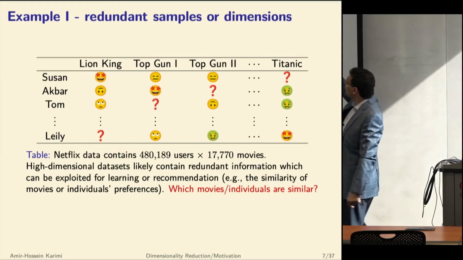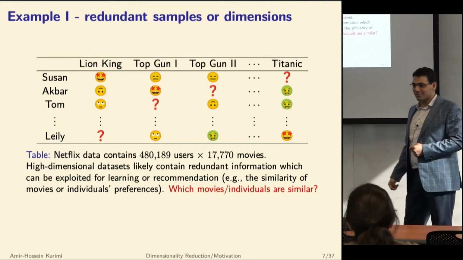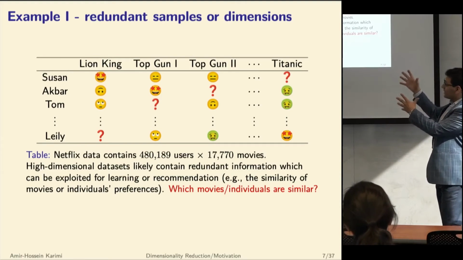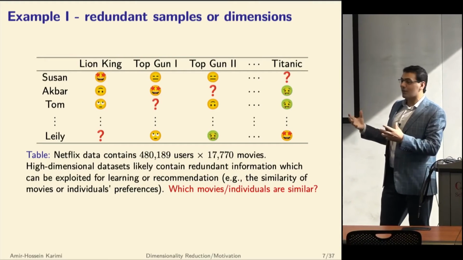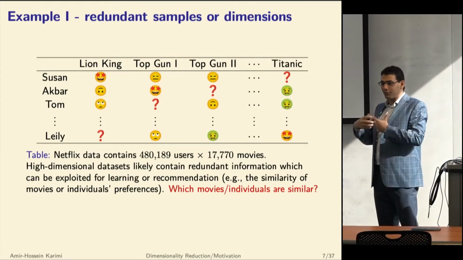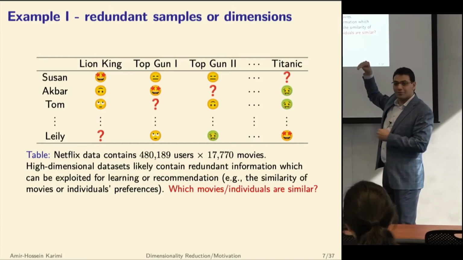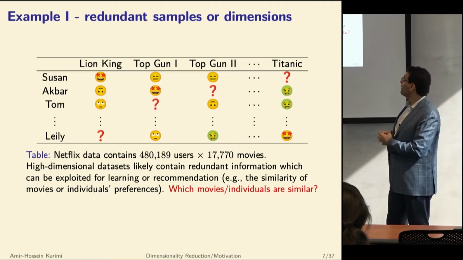And at the same time, we know that the Top Guns are somewhat similar and they have relatively positive responses to those. Right, so the fact that this data is very large and there are missing pieces in it shouldn't dissuade us from trying to make some form of inference from this. We already see that Top Gun 1 and Top Gun 2, not just by their names, but perhaps from other information we have from elsewhere, are similar.